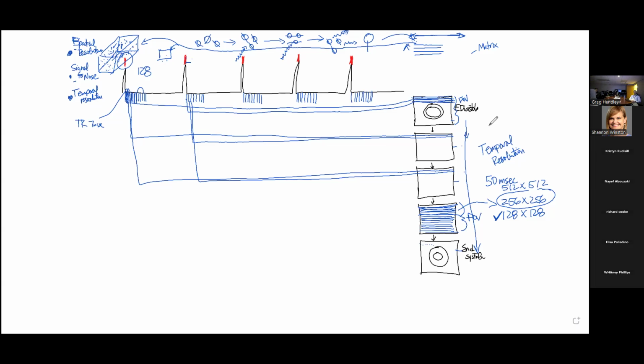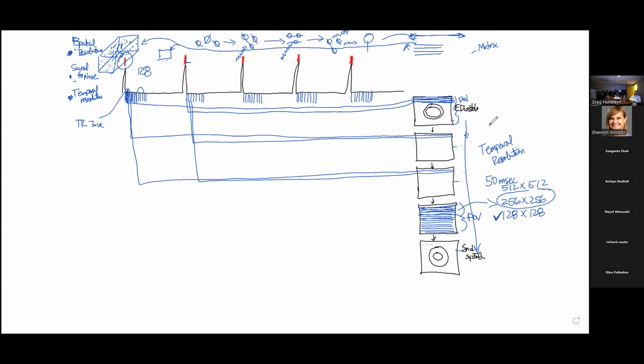Okay? And that's how, in about 10 heartbeats, you can fill up all of the information needed to make that cine movie. Okay? So that's a really nice way of averaging over time what's going on to create that cine movie.